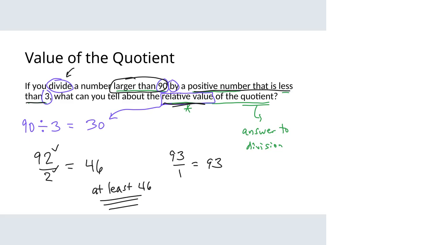I want you to tell me why this is not good enough, because it's not. Somebody tell me something larger than 90, something less than 3 that would give me a result, a quotient that's smaller than 46. And if not, that's okay, because this is a strange type of question that we've got to get used to. We've got to get our feet on the ground with these.